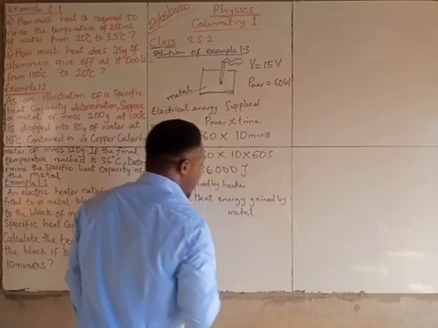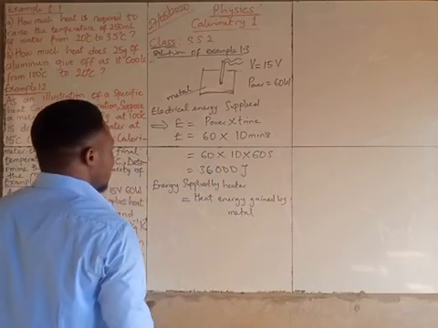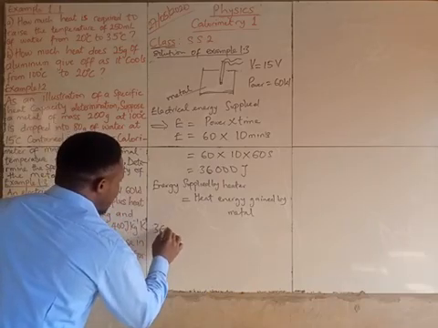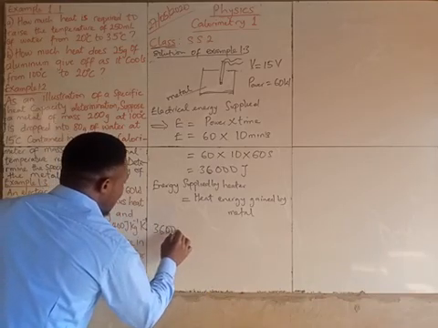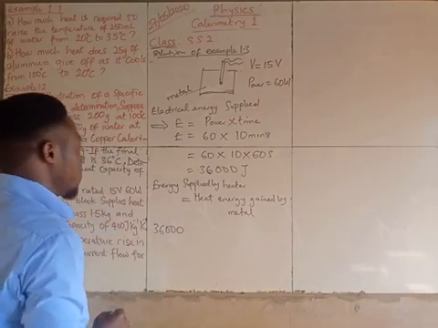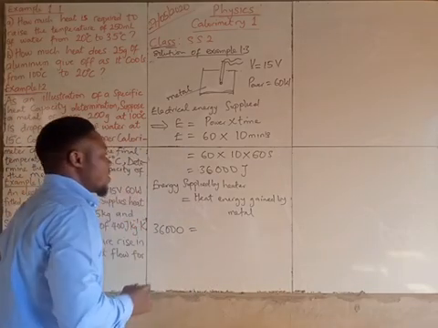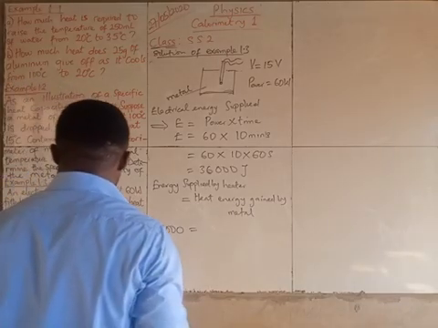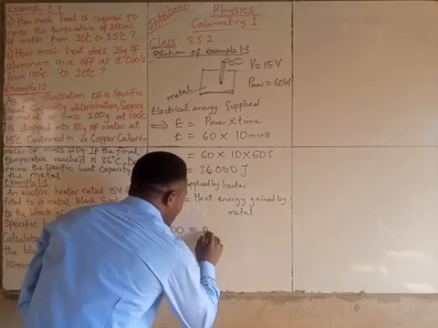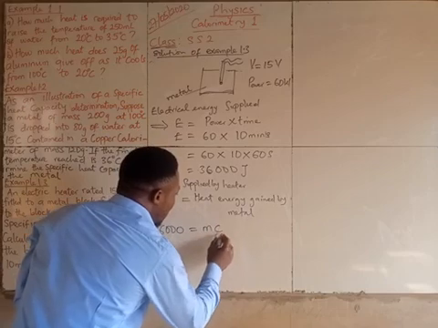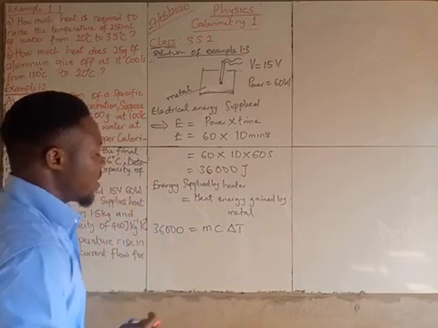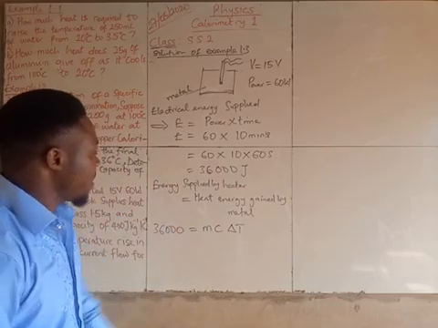That is the law of conservation of energy. The energy supplied by the heater is 36,000 joule, which is equal to the heat energy gained by the metal. The heat energy gained by the metal is the mass of the metal, C of the metal, times change in temperature, that is temperature rise of the metal.